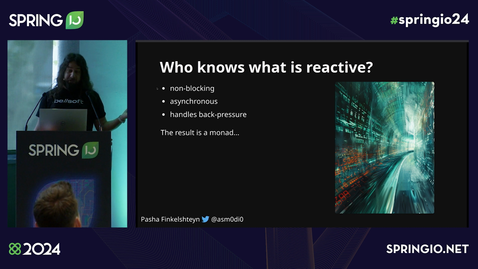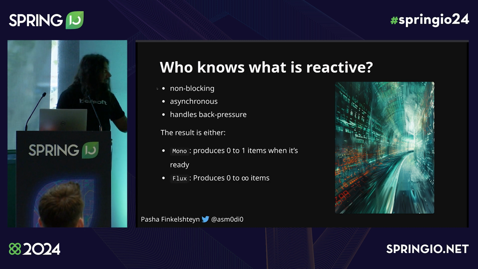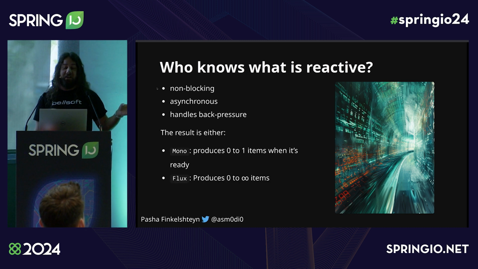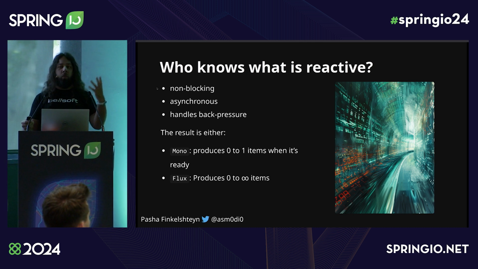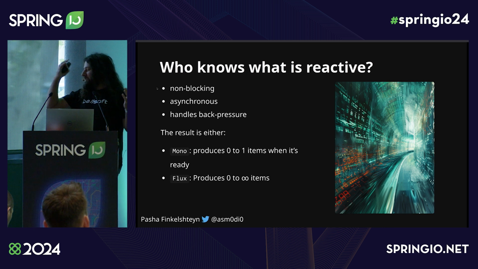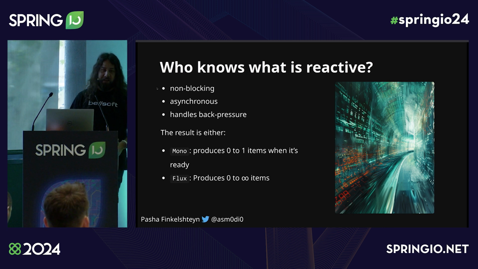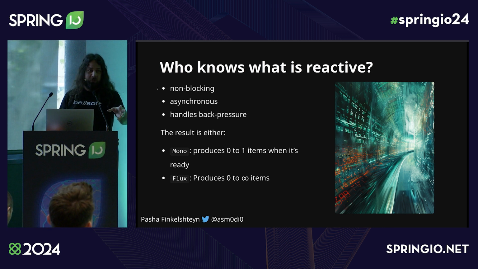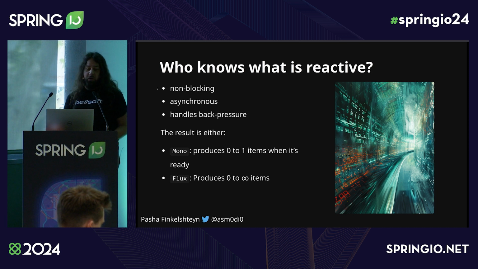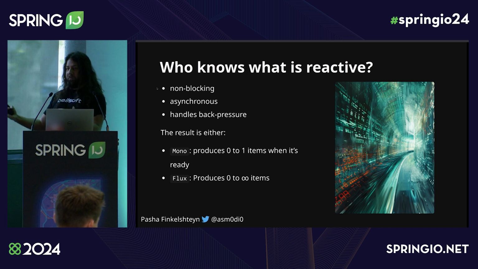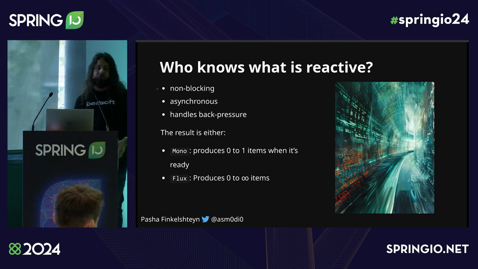The result is a monad. Just kidding, sorry. The result is either Mono or Flux. Mono produces 0 to 1 elements, like exactly one person, or exactly 0 persons if nothing matches our query. And Flux can produce from 0 to infinity items.